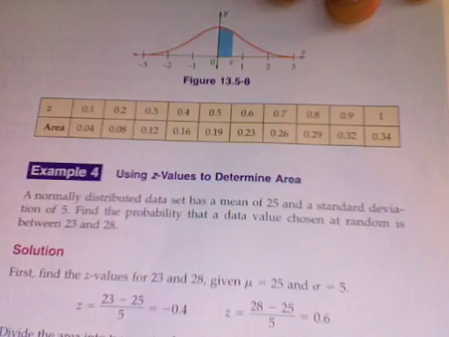Okay, here's a table of z-values from 0 to 1 in increments of 0.1, and the area underneath the standard normal distribution.